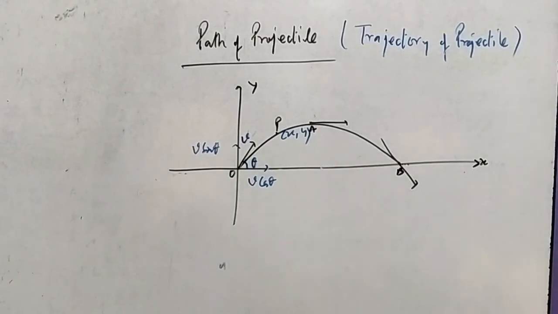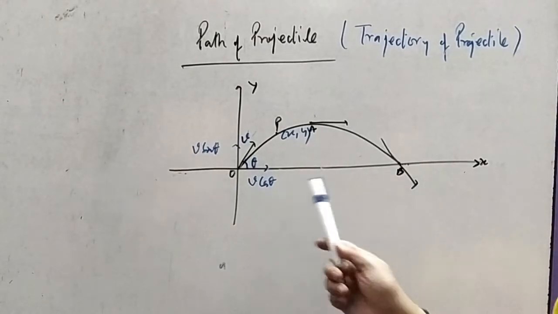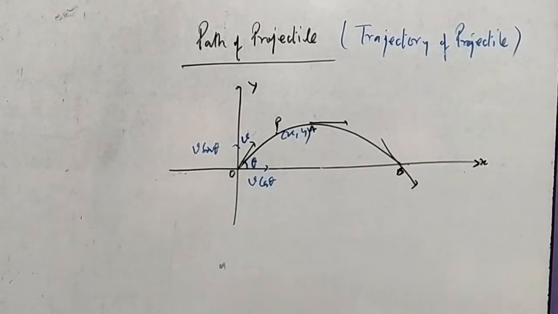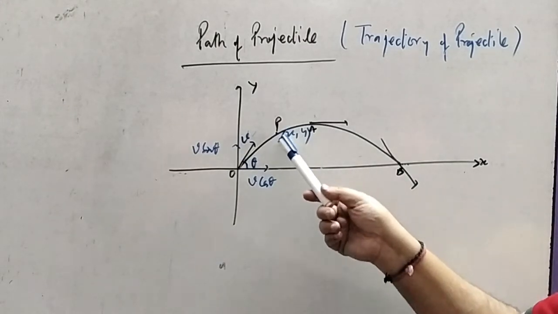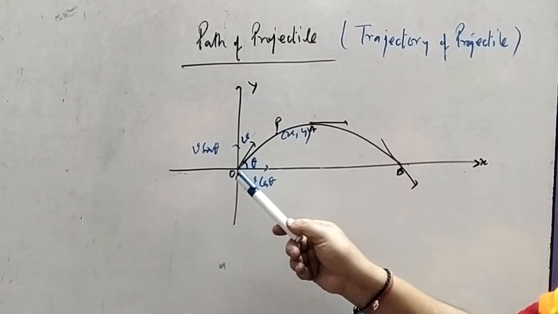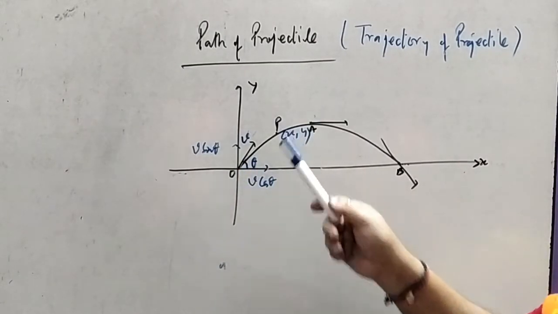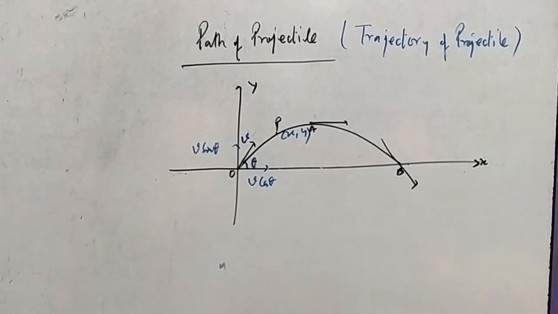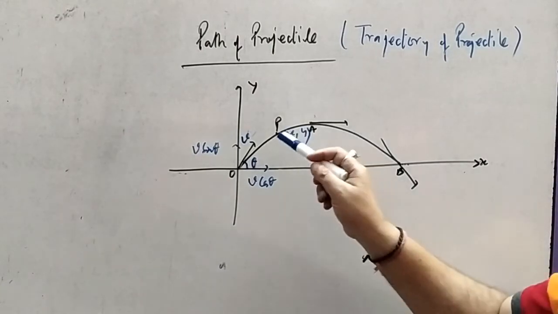Clear? Two velocities: horizontal direction v cos theta and vertical direction v sin theta. At any point P the coordinates are x, y. It starts moving from time 0. Let the projectile take time t in reaching the point P.